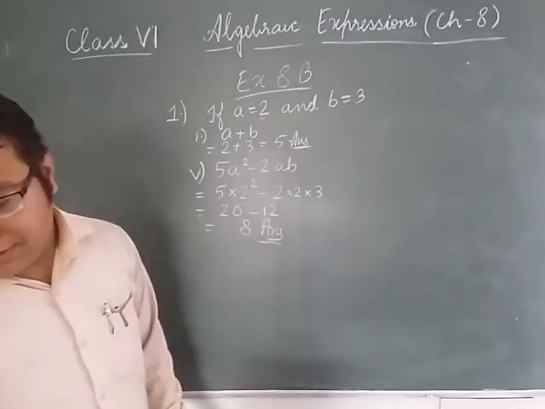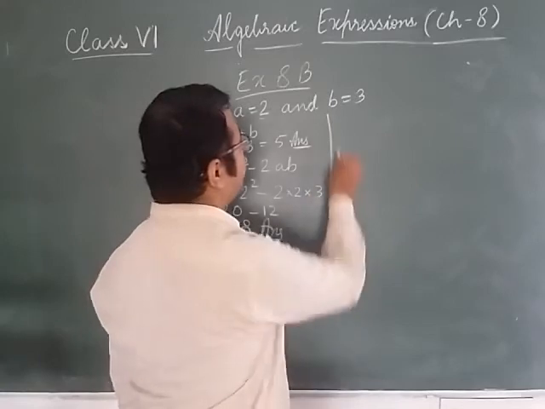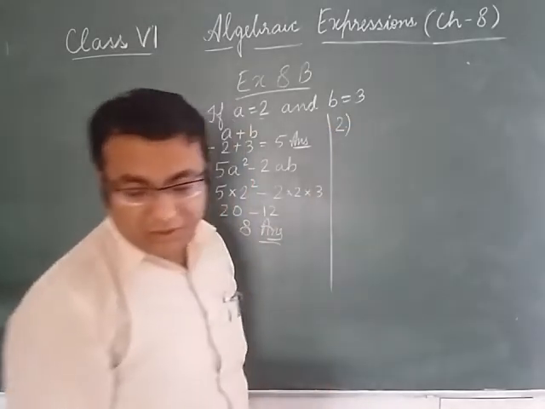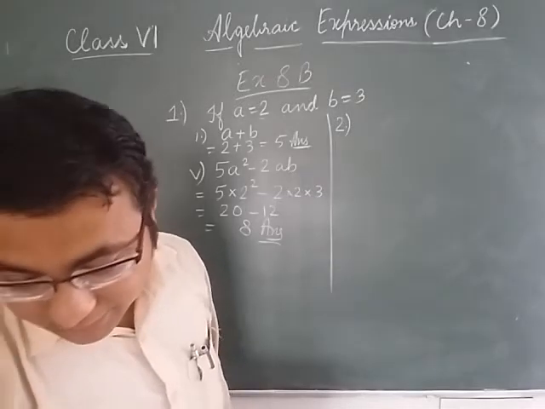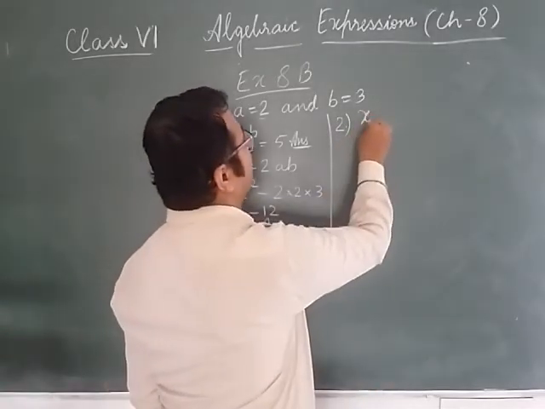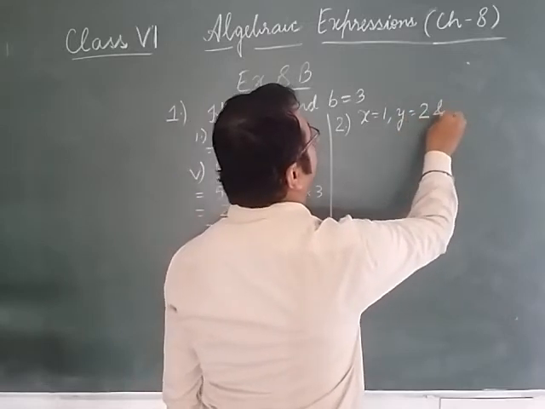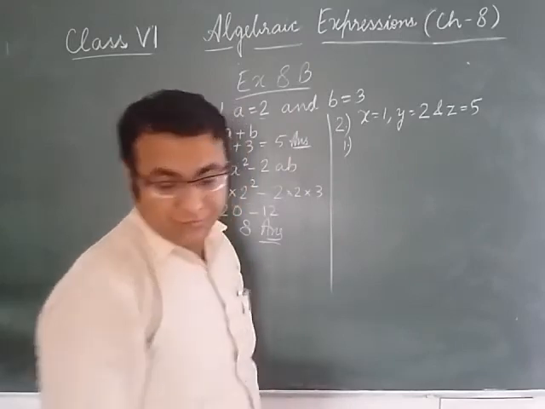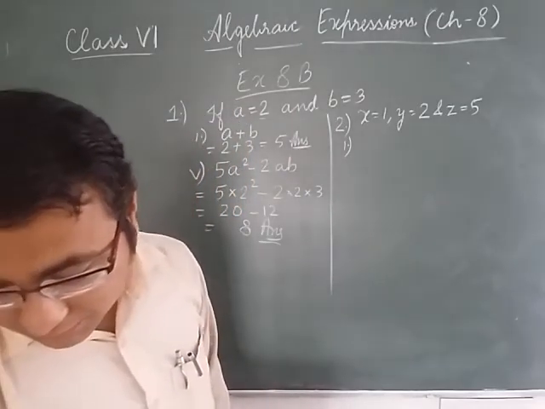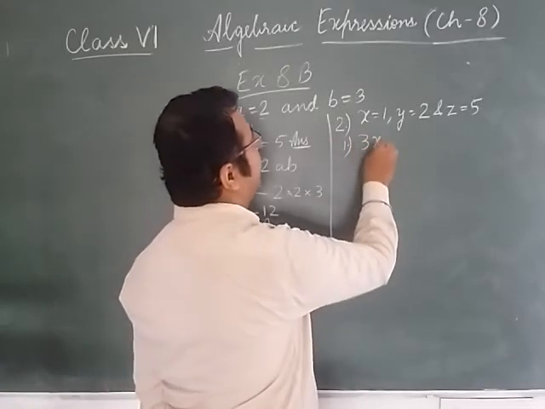Similarly, let us see question number 2. In question number 2, you are given the values of x, y and z. x is 1, y is equal to 2 and z is equal to 5. The first part is 3x minus 2y plus 4z.